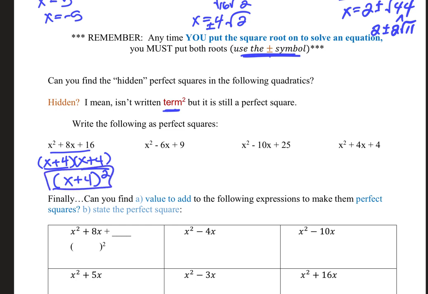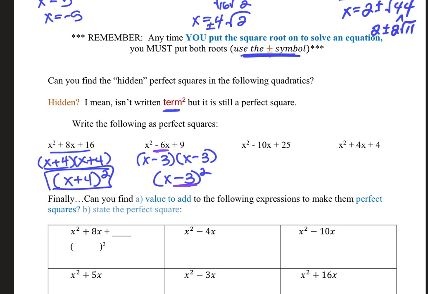All of the rest of these are just like that. If I factor this, it's x minus 3 squared, written as a perfect square equation. What you might notice is that this number is double this number.